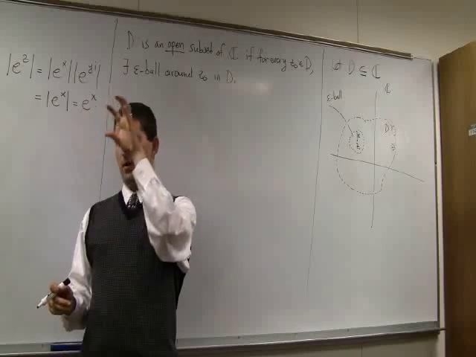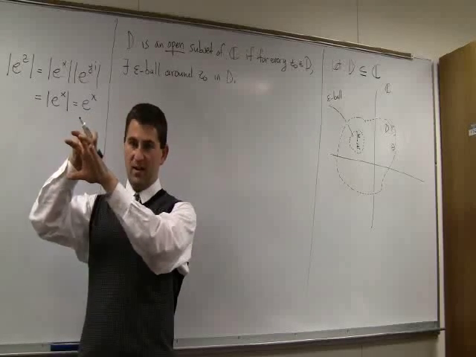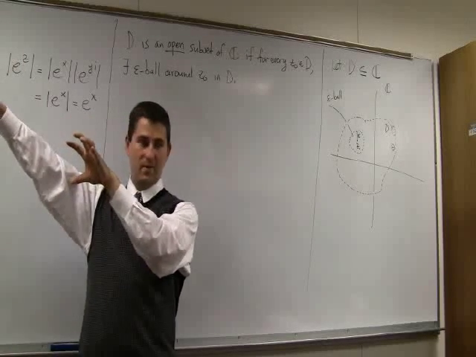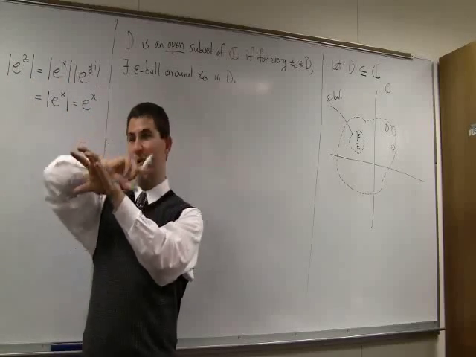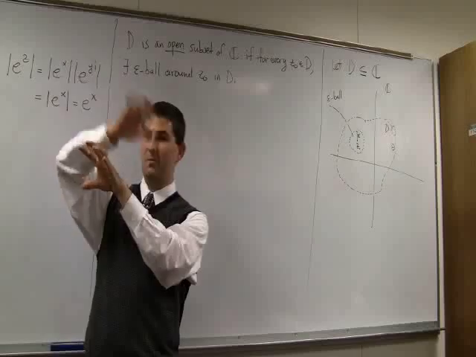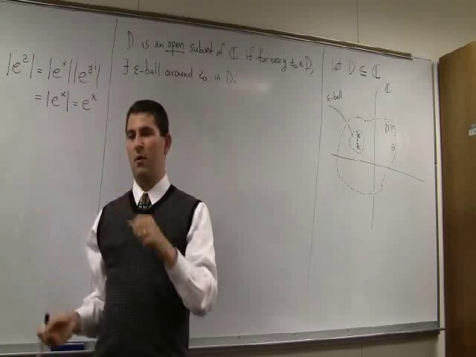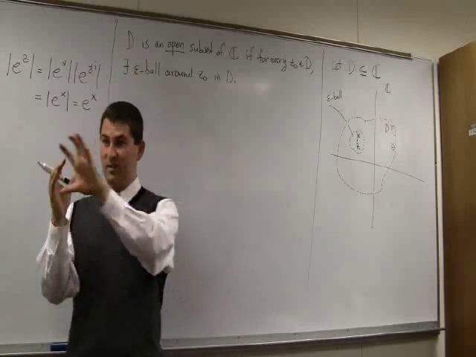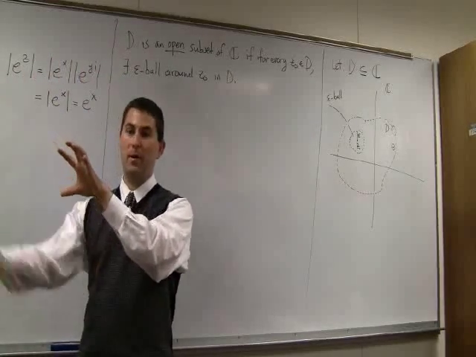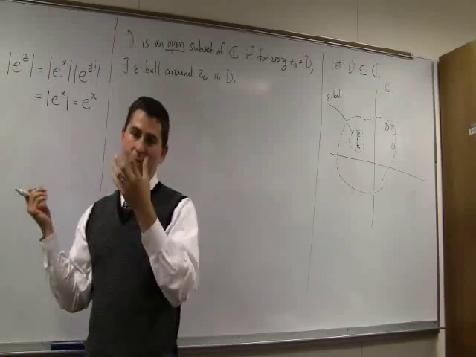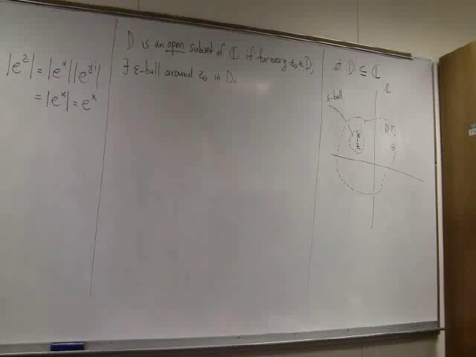Every point is either in the subset or out of the subset. The complement of this set is all the stuff that's out, which is itself another subset. So a set is closed if the complement is open. That's how you can differentiate between closed and open.